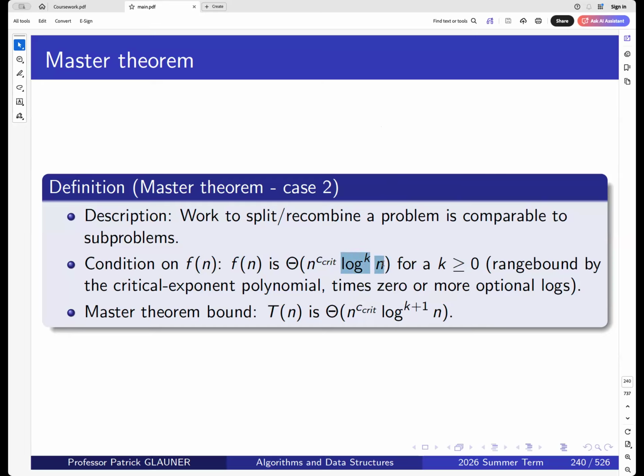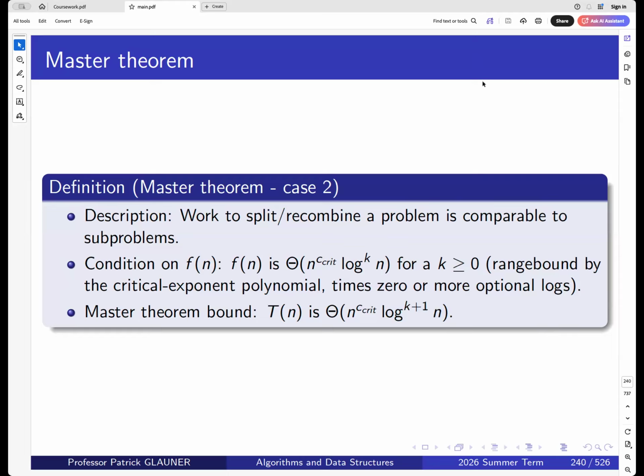So this here means I take log n and raise that to the power of k, for some k that is greater than or equal to 0. If that is the case, then the master theorem says that T of n is theta of n to the power of c critical times log n raised to the power of k plus 1.